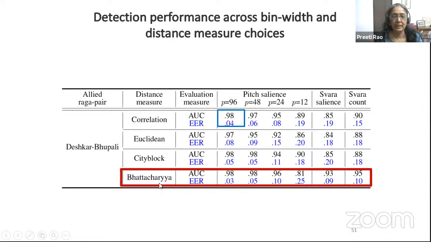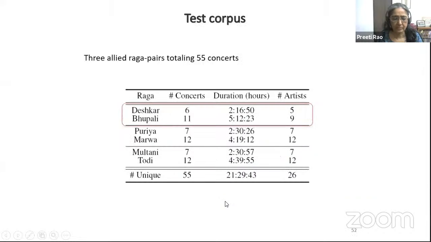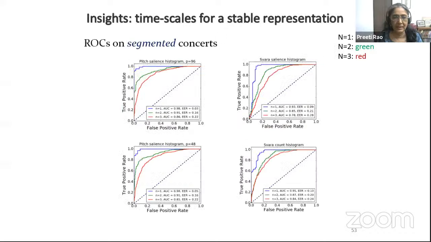This also tells us that of all the distances we considered, the Bhattacharya distance, which is motivated by the probability distributions underlying the patterns we are looking at, turns out to give the best performance. Okay, we of course did this also on a much larger corpus involving other allied raga pairs, and we find that some of these results continue to hold, and therefore this data-based extraction of these parameters is good.